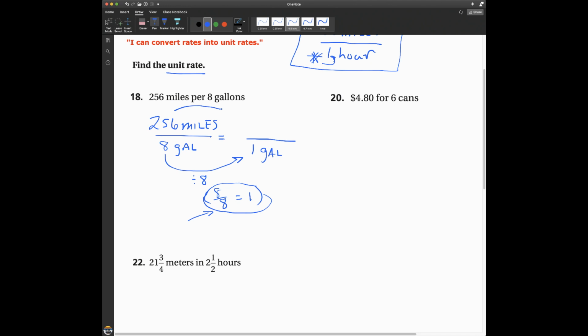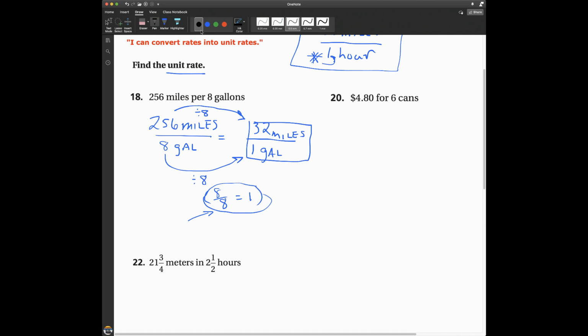And if I divide the denominator by 8, I should divide the numerator by 8. Okay, and then so for my answer, I get, let's see, 8 goes into 25 3 times. There's 1 left. 8 goes into 16 2 times. So 32 miles per gallon. And there is my unit rate.